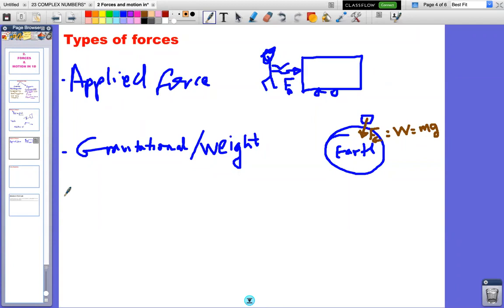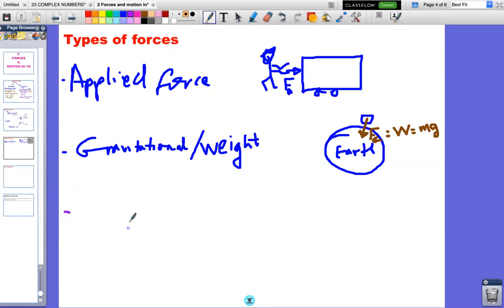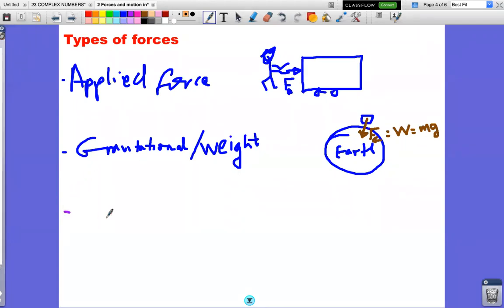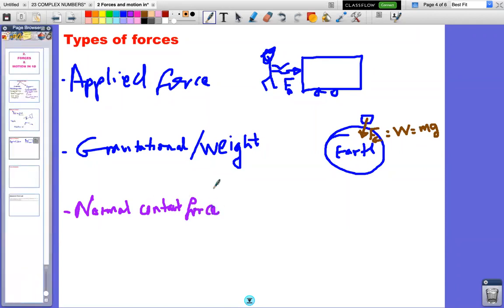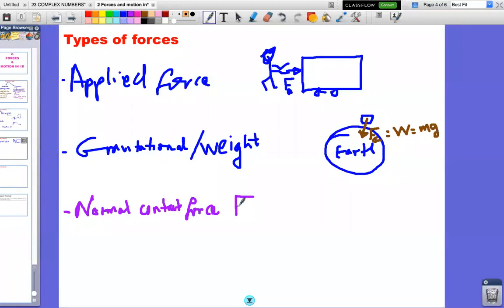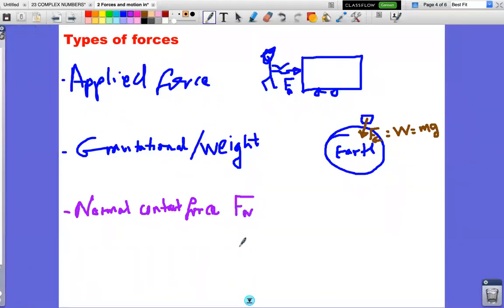And the third type of force I would like to talk about is the normal contact force, or just normal force, F normal.